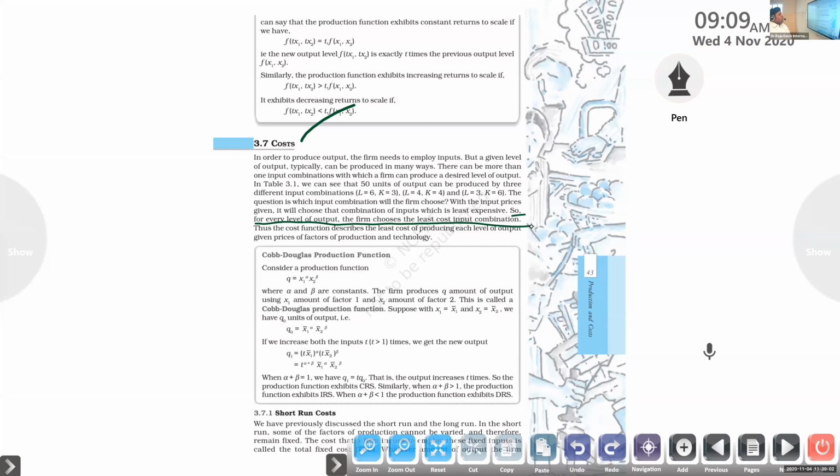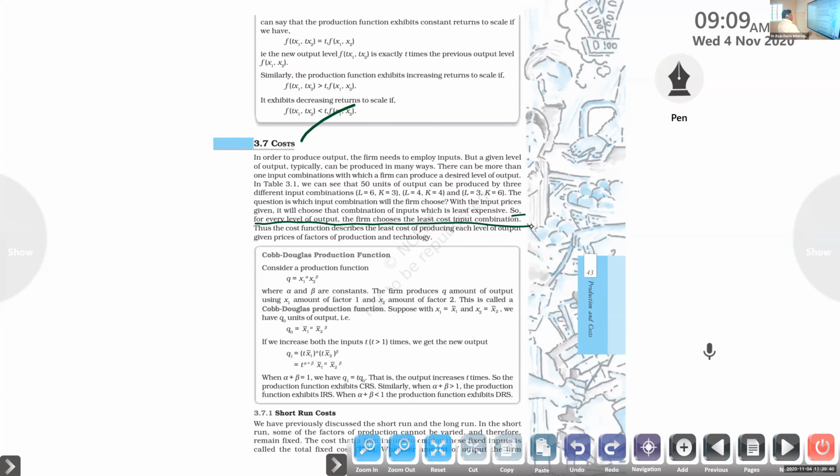Whatever input combination we choose hereafter, that describes the least cost combination. Always the producers will choose that only. Hereafter, whatever the combination is termed as least cost inputs or least cost combinations.